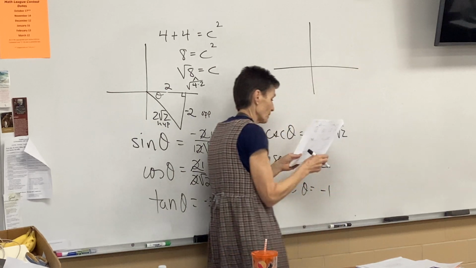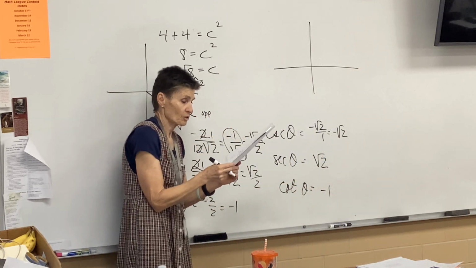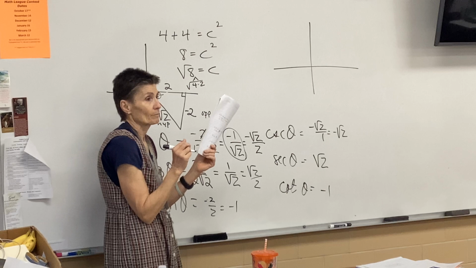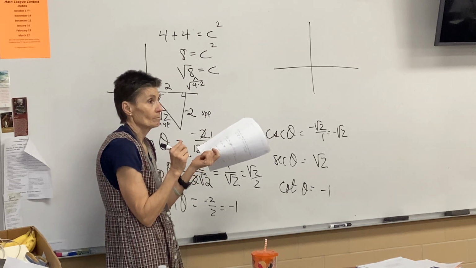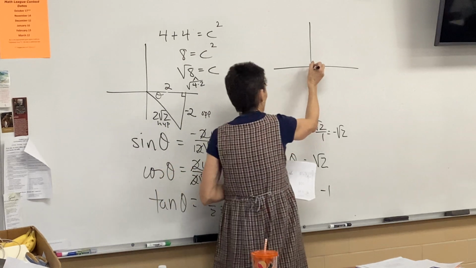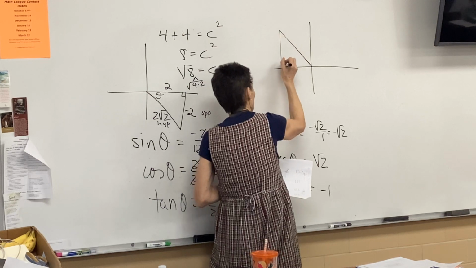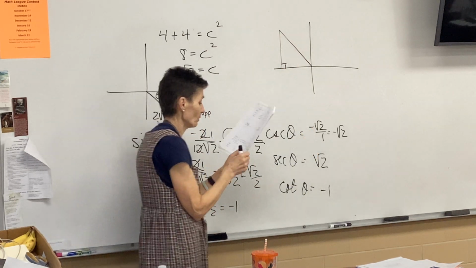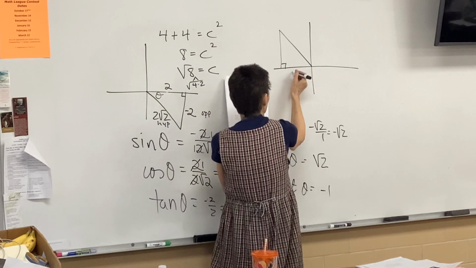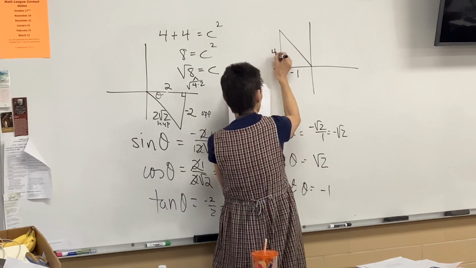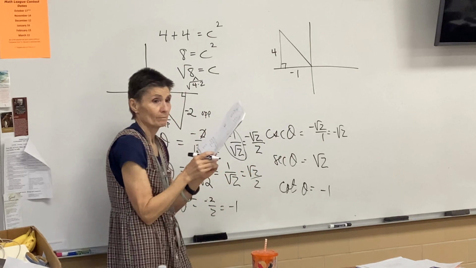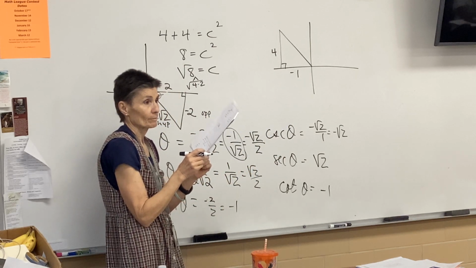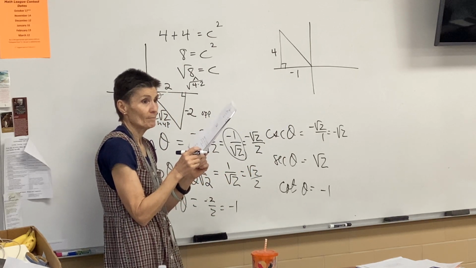Which quadrant is the next point in? 2. So I'm going to draw my second quadrant butterfly bow tie triangle. And I'm going to label the sides negative 1 and 4. Would you agree with that?